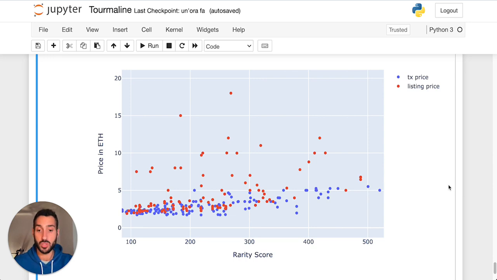I hope you find this useful. Of course, I will talk about this topic over and over again for other collections too, trying to tell you which tokens could give you the highest possible value for your money, because this is at the end of the day what we're talking about. We're talking about value for money when you're buying an NFT token.